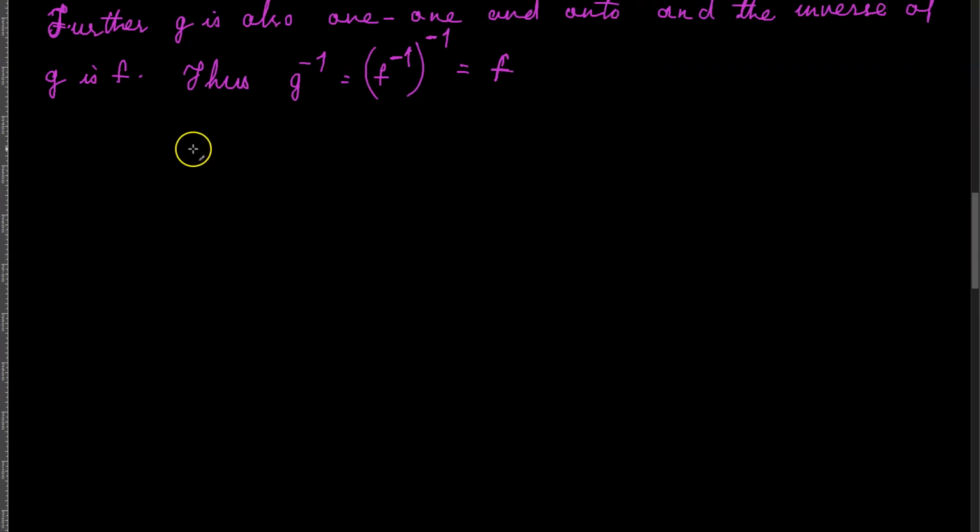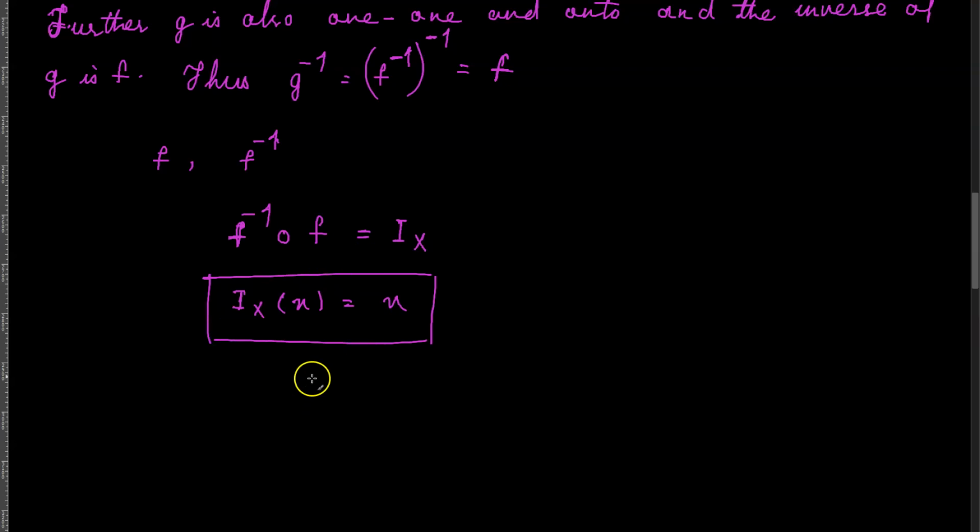Suppose that you have some function F, and you also have F inverse, which is the inverse of F. If you compose F inverse with F, of course, in the discussion about the functions and their inverses, we said that this is going to be equal to I of x, the identity function on the domain of x, which means that I of x is always equal to x. We talked about this in the previous chapter.